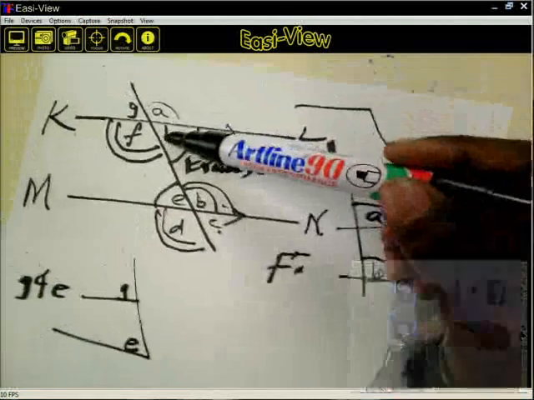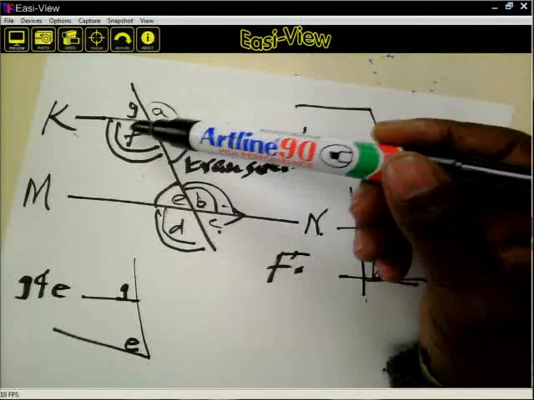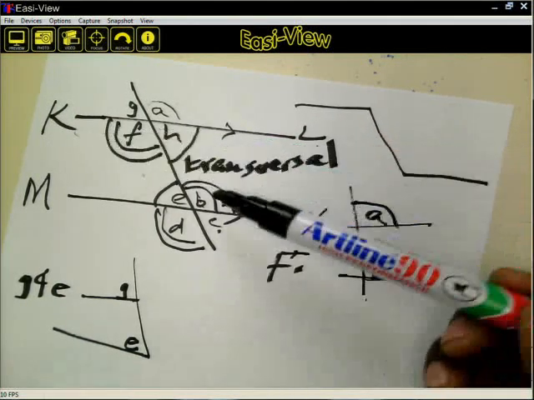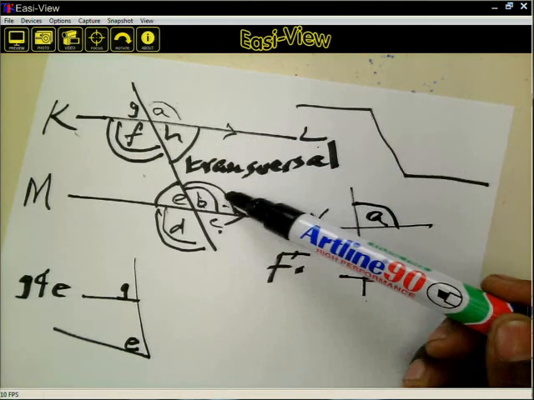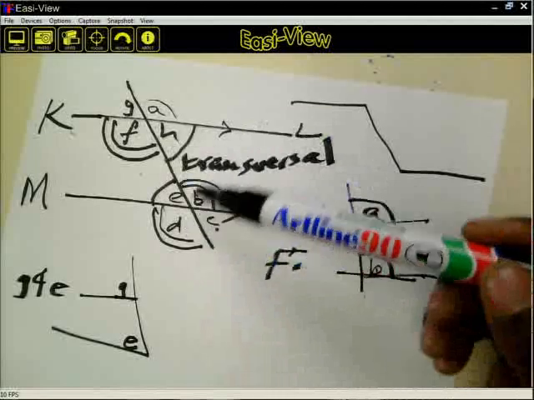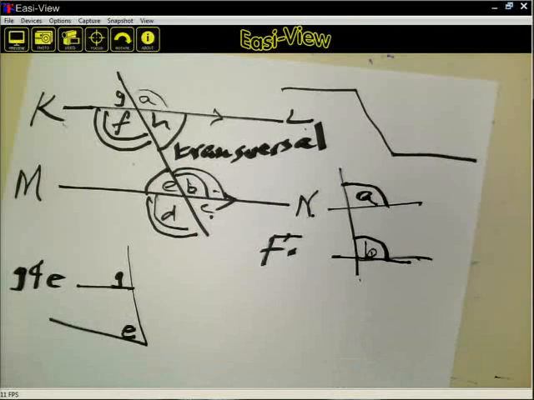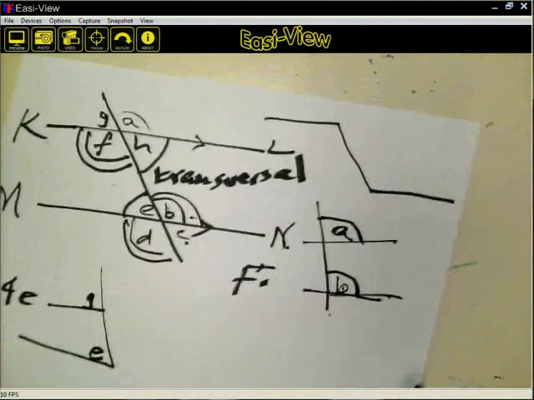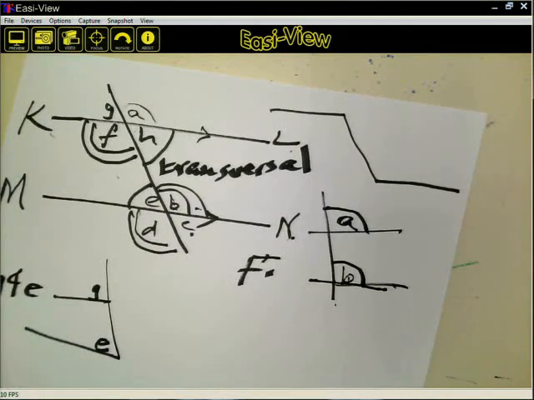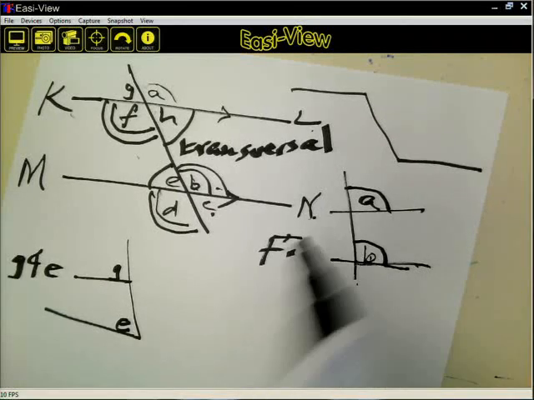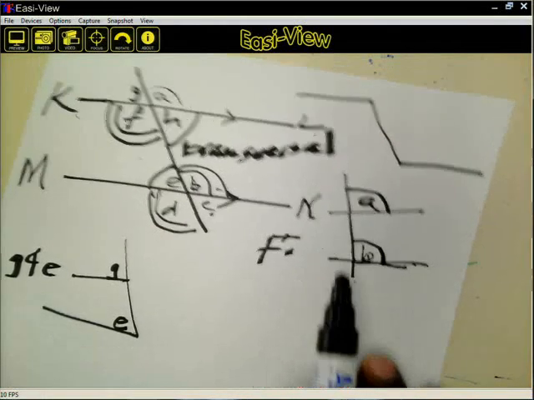If this is to the left of the transversal, the B which alternates with it is to the right, and since this is below its line, this one is above its line. You should have these things at your fingertips so that you are able to identify which are corresponding, which are alternate, and which are co-interior. Then you won't have a problem dealing with them.